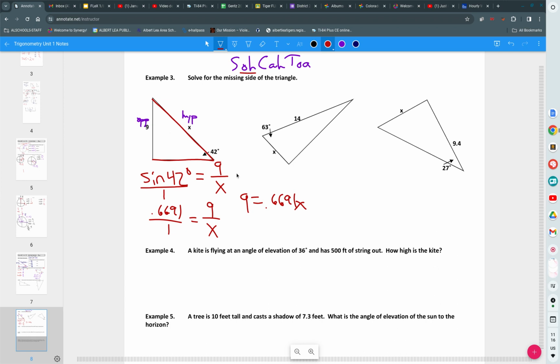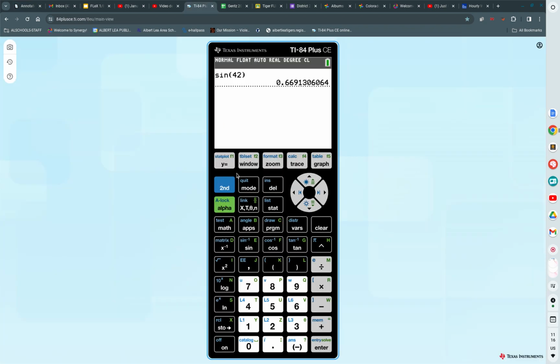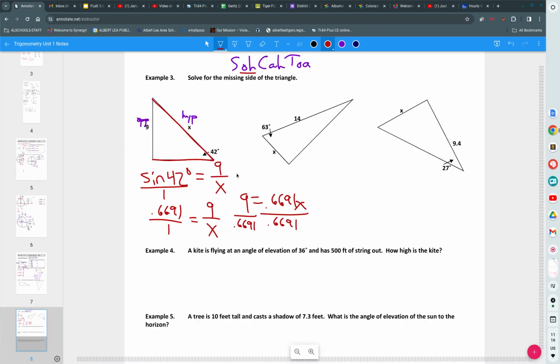Divide by 0.6691. So your answer is going to be 9 divided by 0.6691, and I get 13.45. And so we found the missing side.